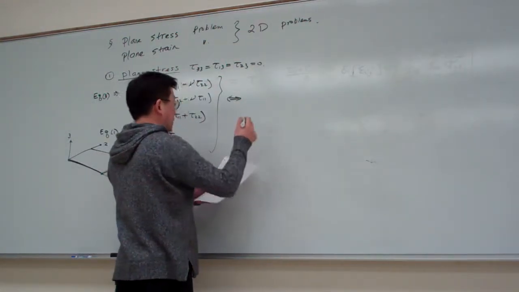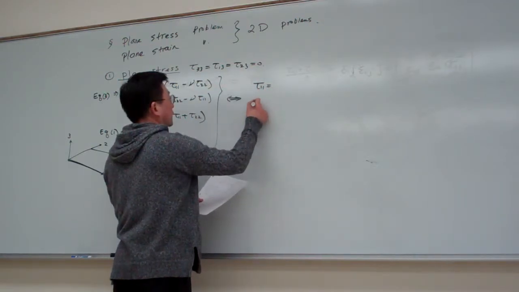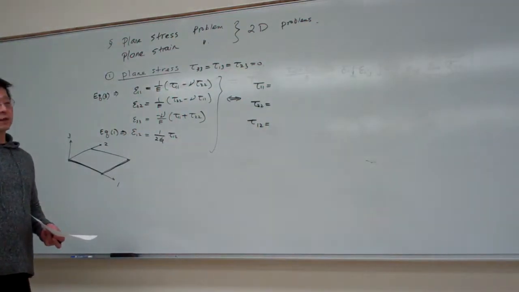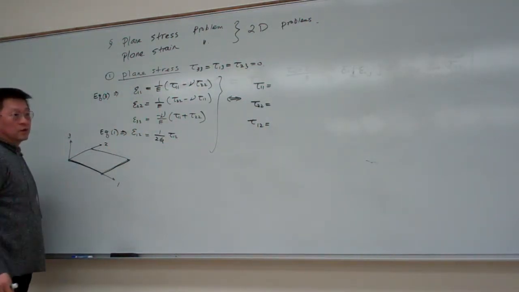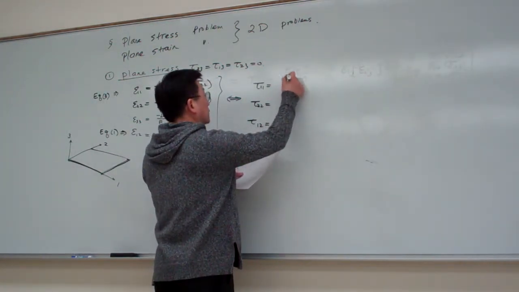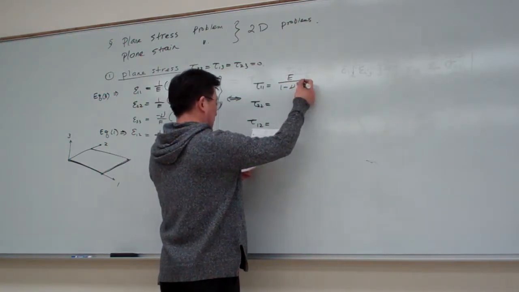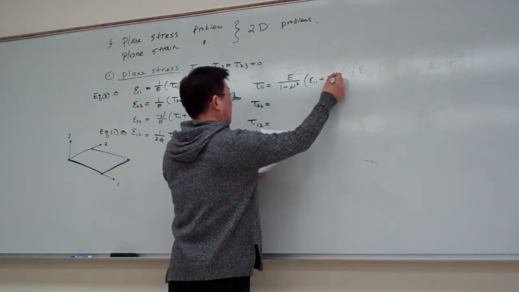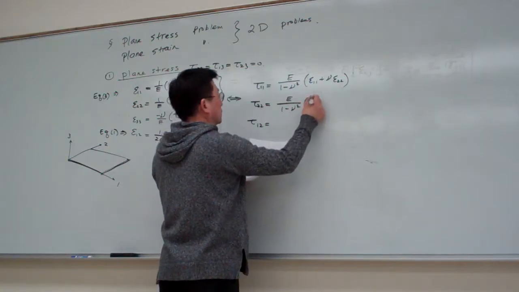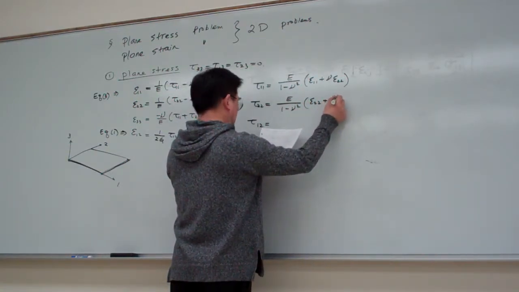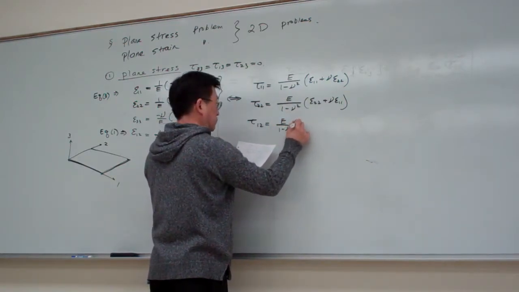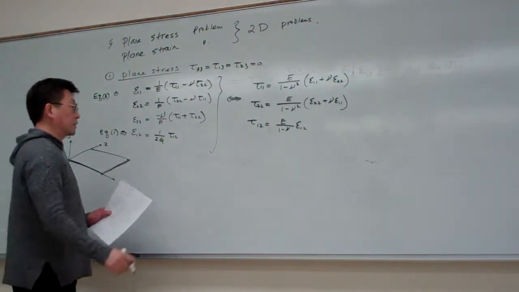So that can be like this, tau 1,1 equal to something, and tau 2,2 equal to something, and tau 1,2 equal to something in terms of the strain. Again, you simply perform the simple algebra, and here is the result. That one equal to E over (1 minus mu squared), times (epsilon 1,1 plus mu epsilon 2,2). This one equal to E over (1 minus mu squared). Okay, something like this one.